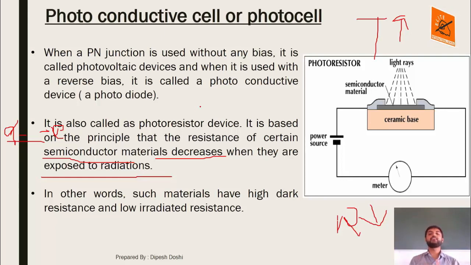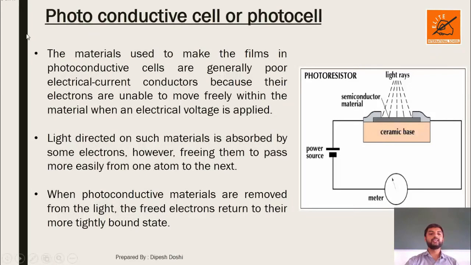But whenever irradiation, the sun's radiation is called irradiation, impacts this reverse biased PN junction, its temperature will increase, and because of that, as I told you, resistance will decrease. So whenever temperature increases, resistance decreases, and because resistance decreases, the electrons can move freely and it starts conducting.